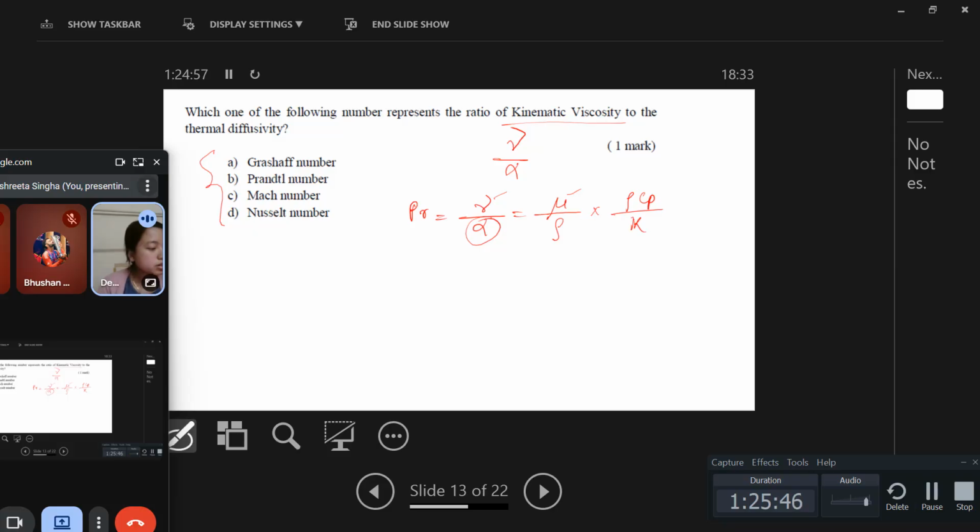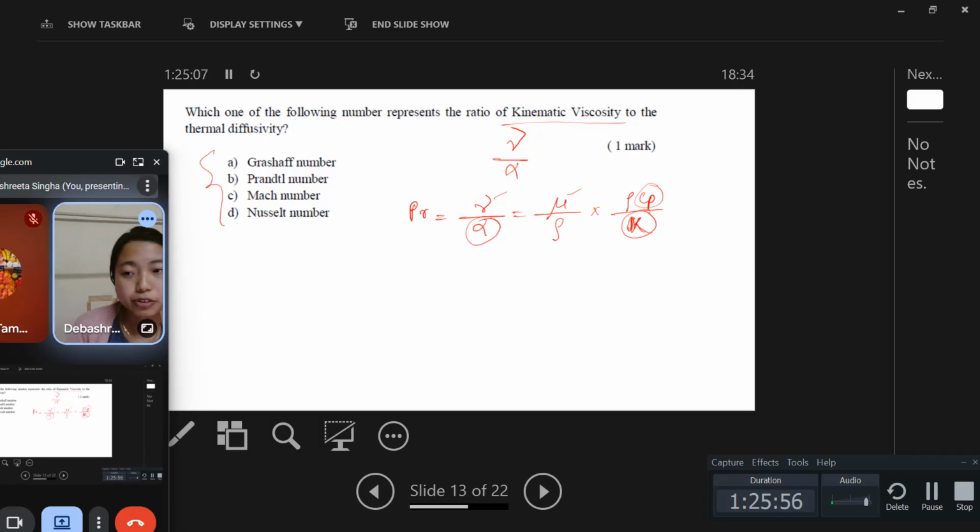That means the ratio of the conductivity to how much the object has the capacity to store heat. So diffusivity by storage capacitance. Okay, this is the alpha. Then if you cancel this, you get mu Cp by k.